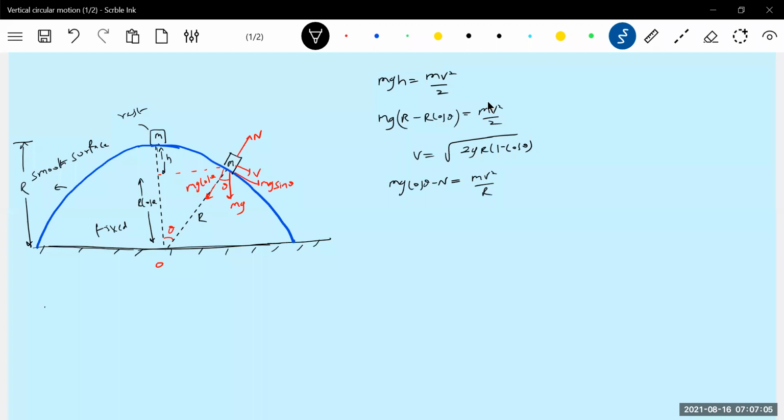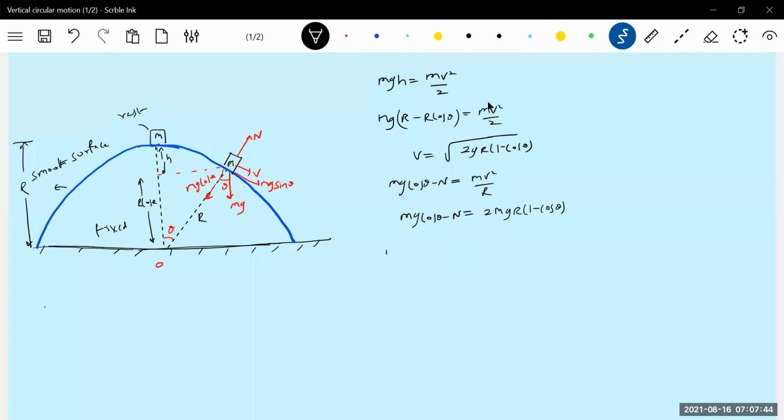What is the expression for v? We'll substitute here. mg cos theta minus N equals mv square by R. mv square will be 2mgR times (1 minus cos theta). So this will become N equal to mg cos theta.